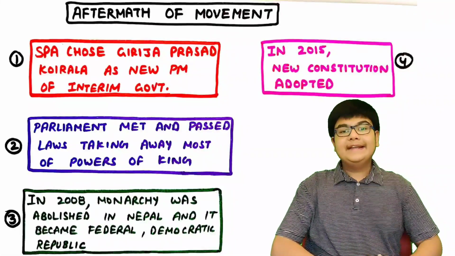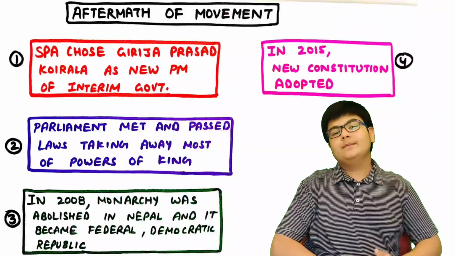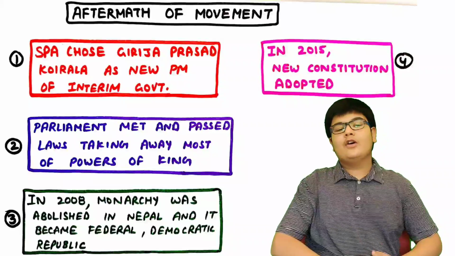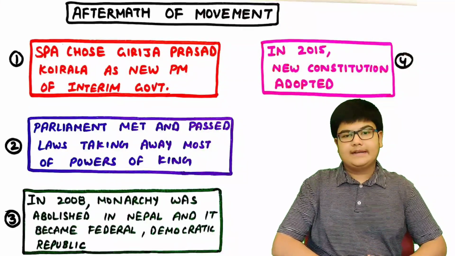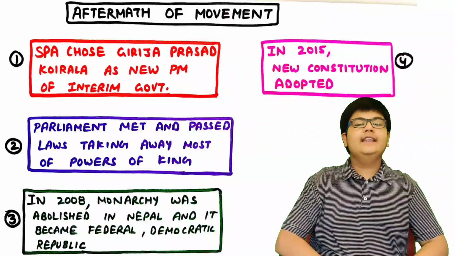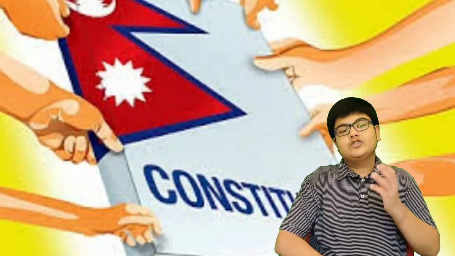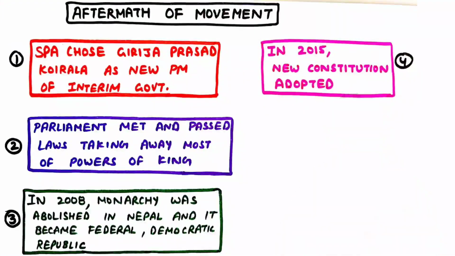The parliament met and passed various laws taking away most of the power from the king. In 2008, monarchy was abolished in Nepal and it became a federal democratic republic. In 2015, a new constitution was adopted by Nepal. In this way, Nepal became a republic.